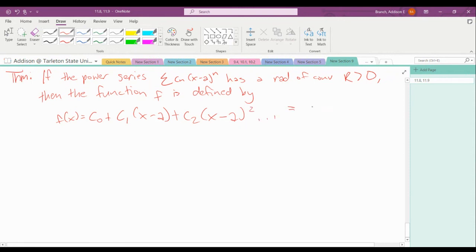That is equal to the power series n goes from 0 to infinity of c sub n times x minus a to the n.